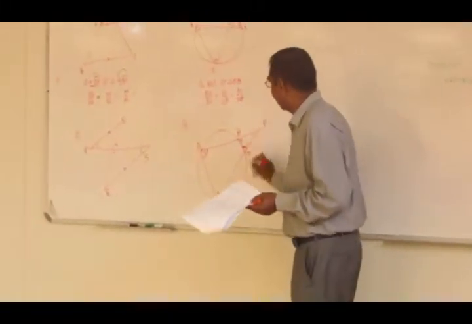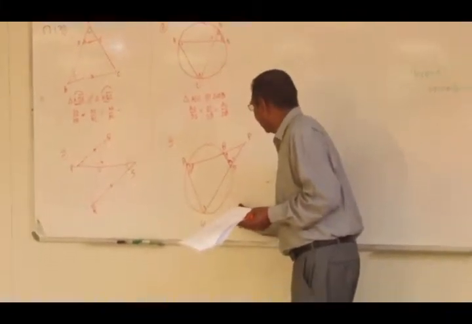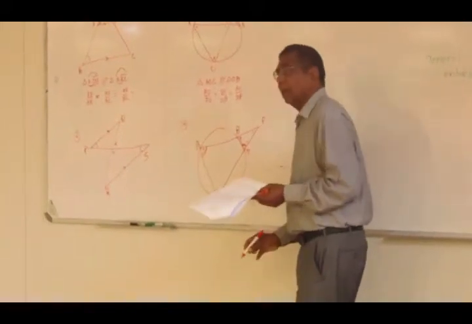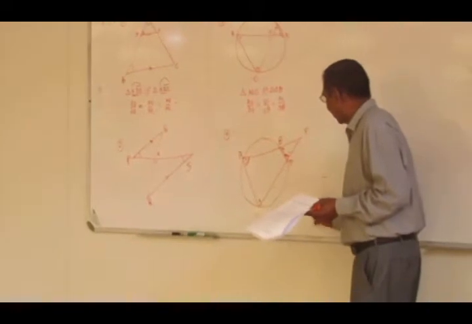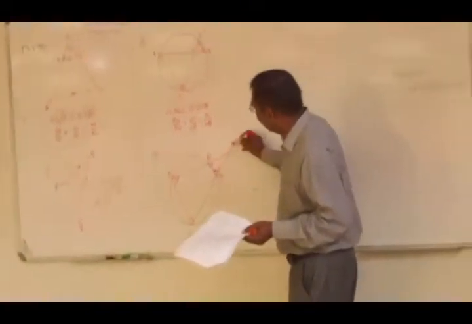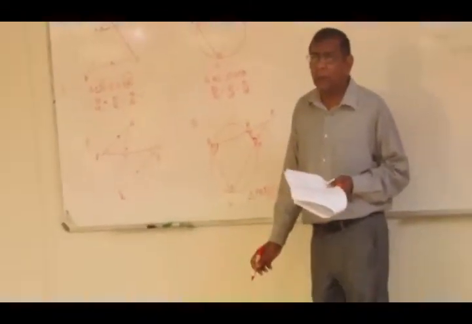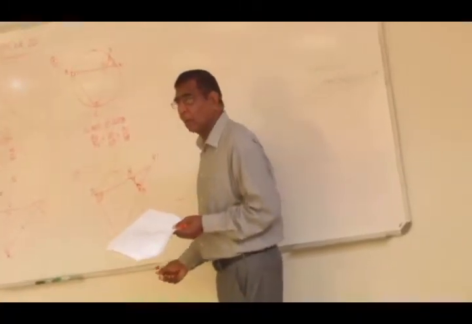Can you see it? Notice how I'm going to label them. I'm going to start with P again. Now, I said P, B, D. Can I go P, A, C? No. Why?